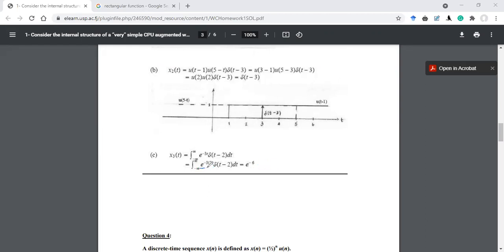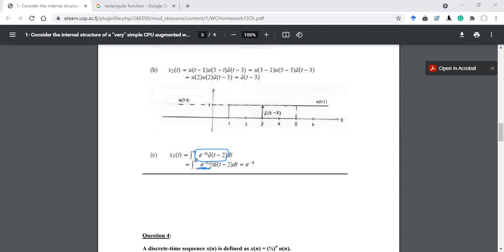You just take this because it has no t now. You just evaluate this inner function, e to the power of minus 3 into 2 multiplied by delta of t minus 2. And then you can take this e to the power of minus 6 outside.